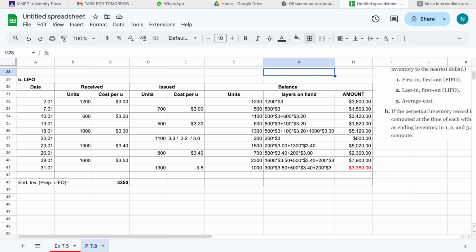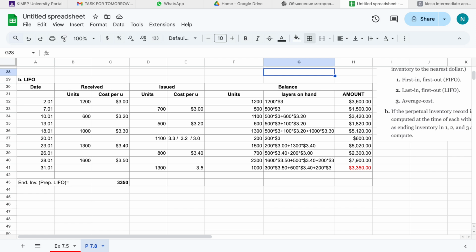We are going to take from the newest, $3.50, and use 1,300 at 3.50. That leaves us 300 at 3.50 plus 500 at 3.40 and 200 at 3. So the sum of these gives us the ending inventory of 3,350.